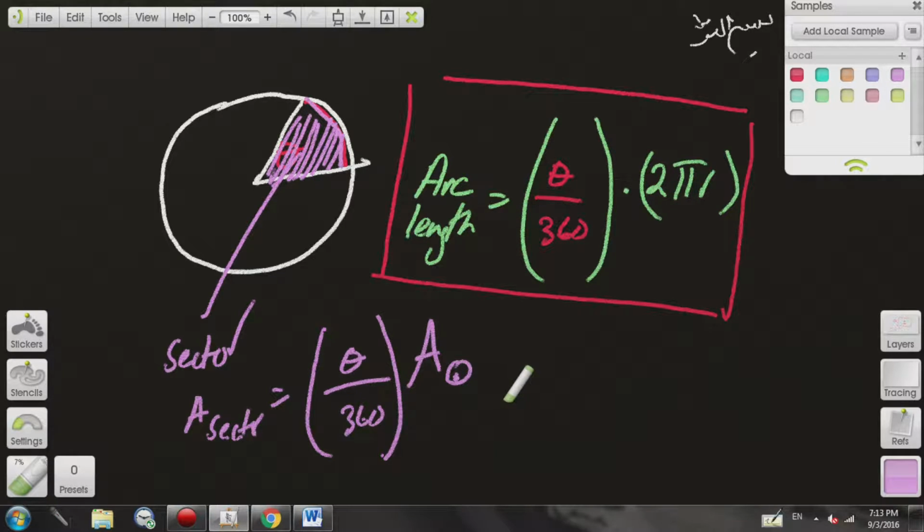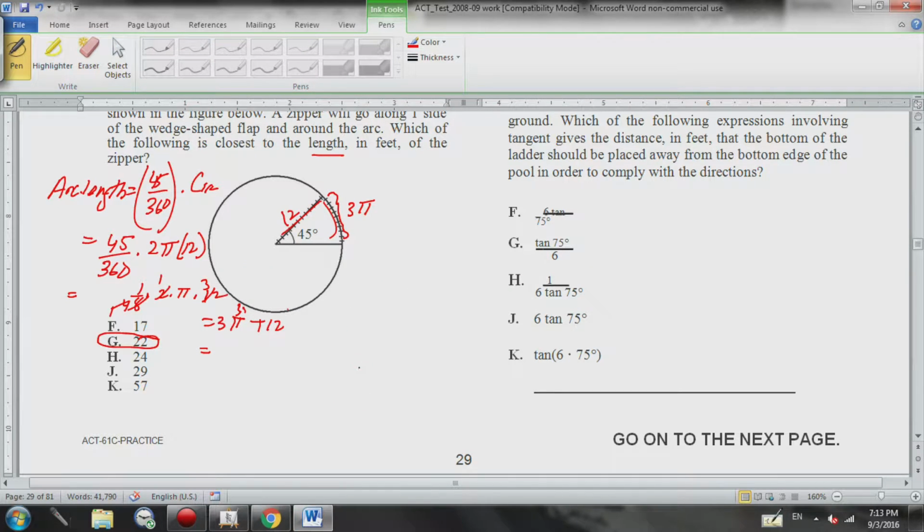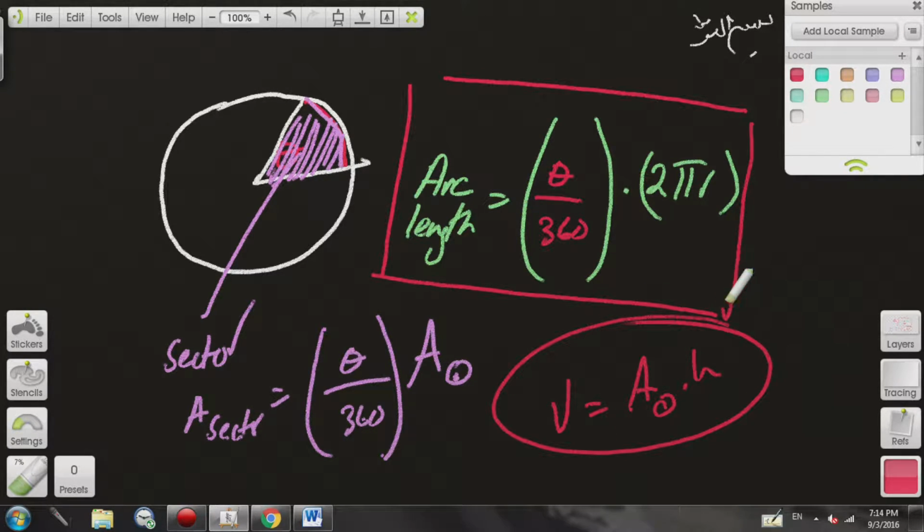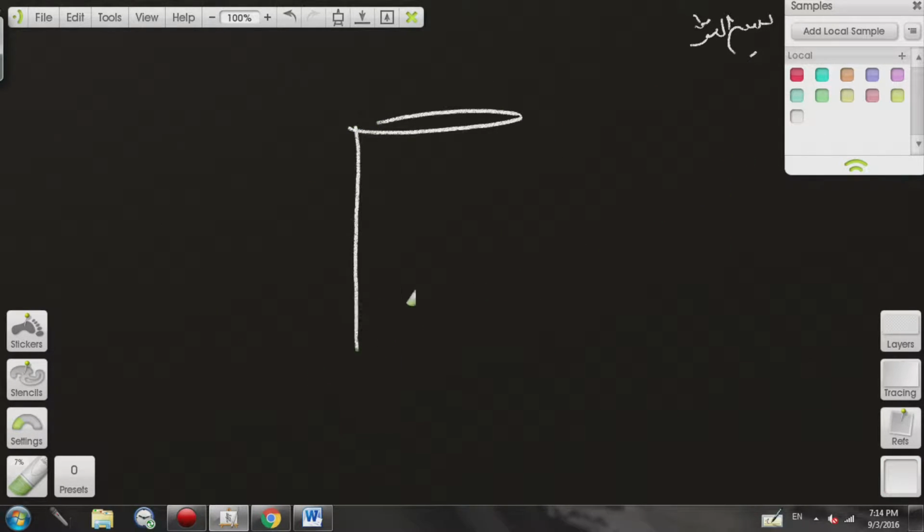So the area of the sector is a fraction of the circle, and the arc length is also a fraction of the total circumference. So that's what this question is testing. It's also testing whether or not the volume of a cylinder is the area of the base circle times the height. As a reminder, the surface area of a cylinder is a different story.